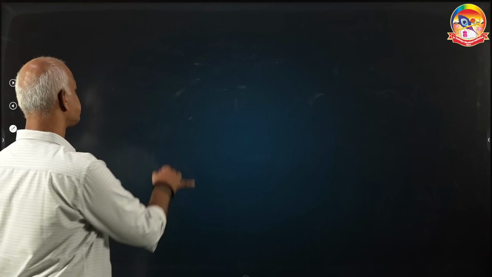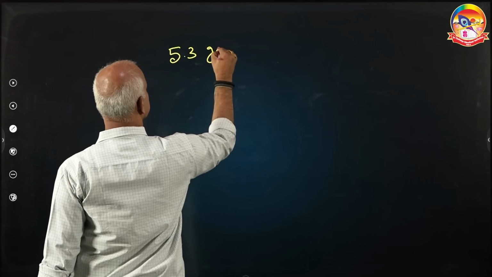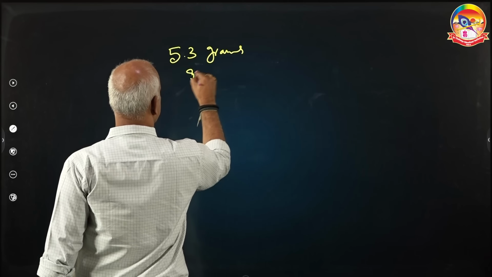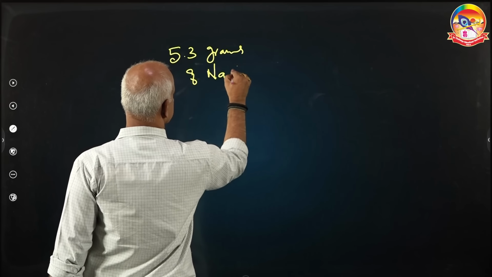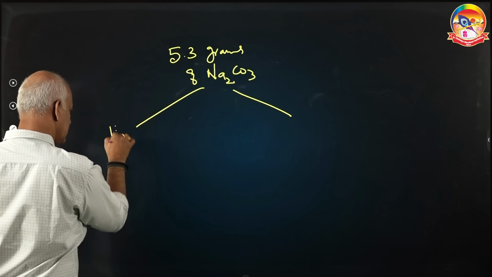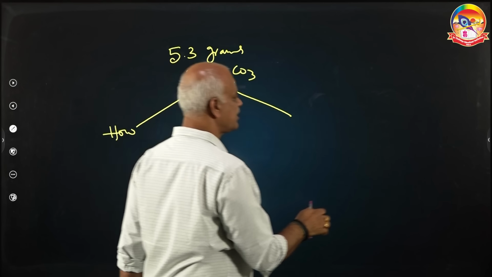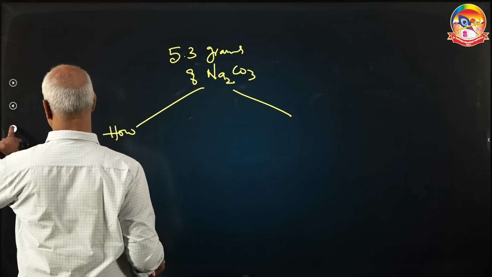Then, the next question. I'll take a few things. 5.3 grams of Na2CO3. I am writing two questions. I'll directly put.